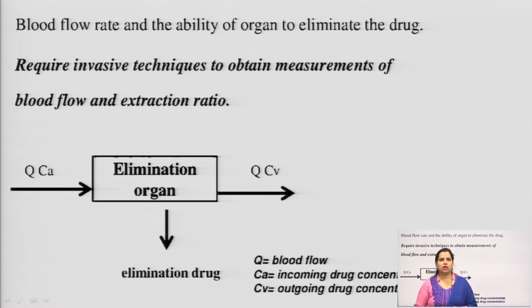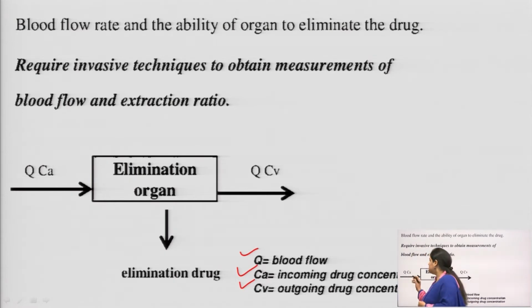So, Q·Ca is the blood flow and the amount of drug coming into a particular elimination organ, and Q·Cv is the drug eliminated with the blood flow. So, Q is equal to your blood flow, Ca is the incoming drug concentration, and Cv is the outgoing drug concentration.